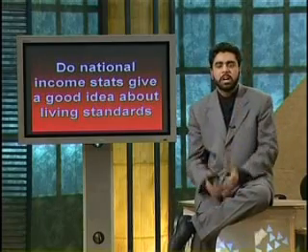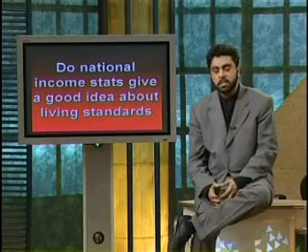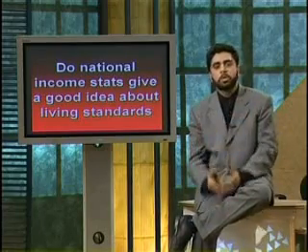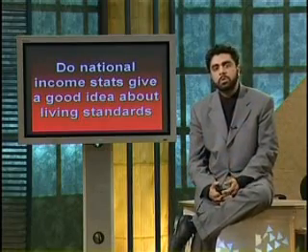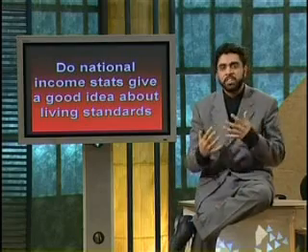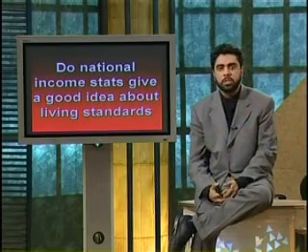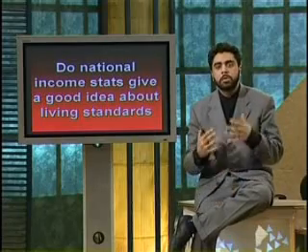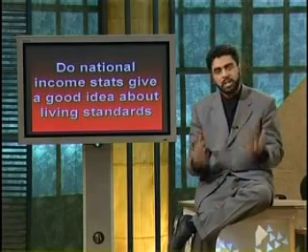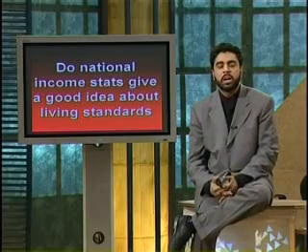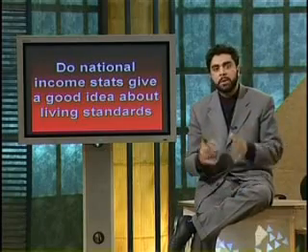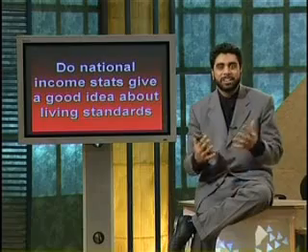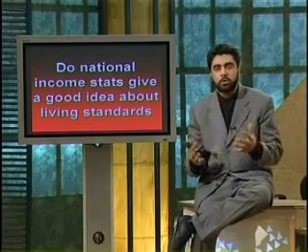Now the first point that you need to make in this is the same point that we introduced earlier, that in order to get a measure of the living standards in the economy, you need to get a per capita GDP measure. So you need to develop some kind of a per capita income measure in order to see if the per individual income has increased or decreased or fallen.